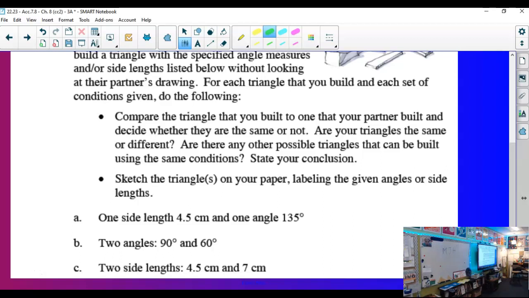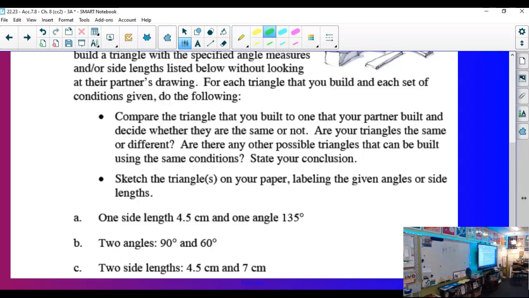Your 135 should be obtuse, right? Make sure that you used the correct 135. Your 135 should be obtuse. So 4.5 centimeters, right? Not 4.5 inches, 4.5 centimeters. 135 degrees should be a nice big obtuse angle.